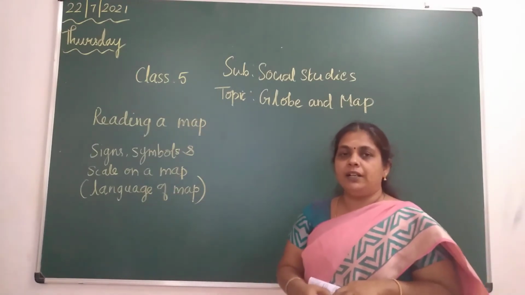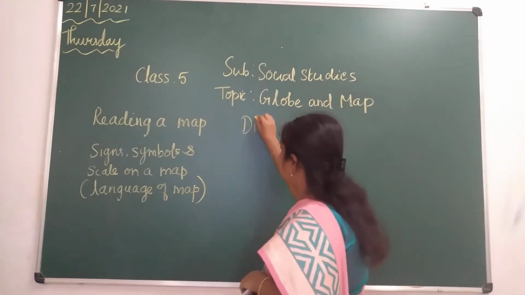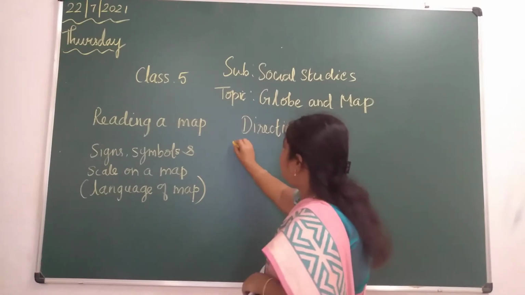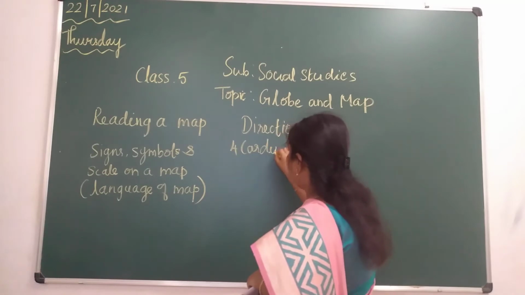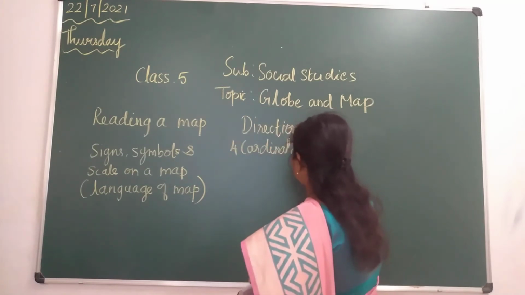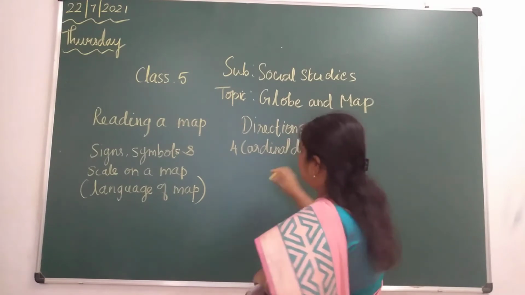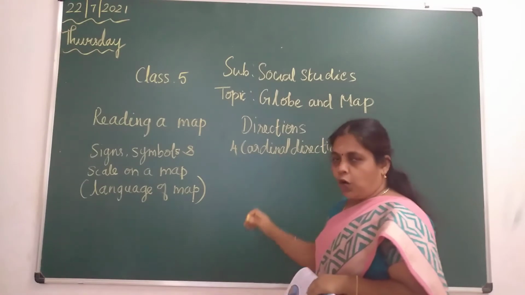The next one, directions. In your map, you would have observed directions, children. So we have the main four cardinal directions, children.